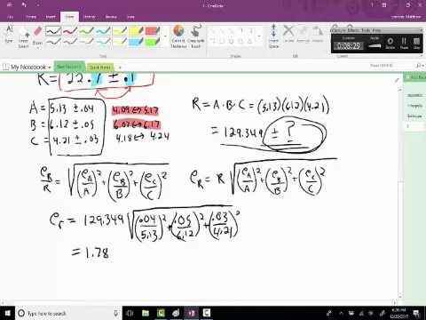So how do I report my value? The error is going to be plus or minus 2 here. I round this, and I get 129 plus or minus 2.